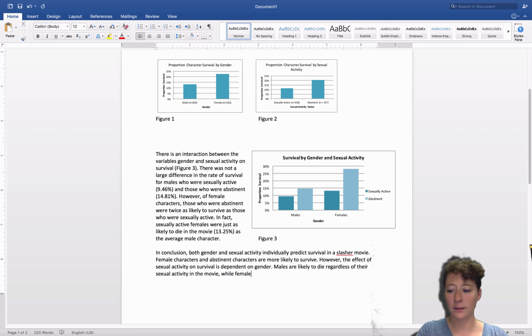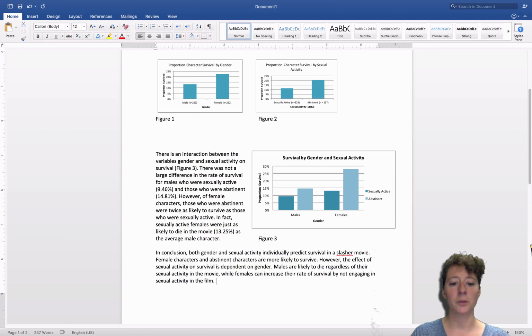While females can increase their rate of survival by not engaging in sexual activity in the film.